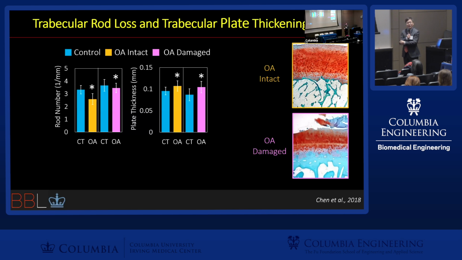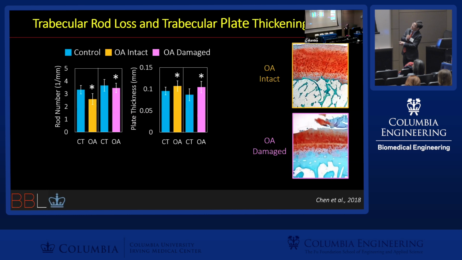But as I mentioned before, I want to re-emphasize, if you measure the property of the cartilage in here, it's normal. Okay? And if you measure the cartilage here, it's not normal. And if you just measure how much bone volume fraction there is, it's actually also normal. But if we separate it into plates and rods, we call them control and intact region, but both OA, right? Damaged region.